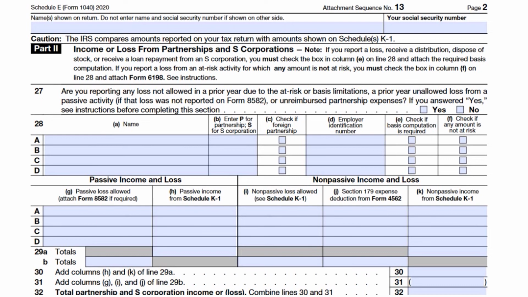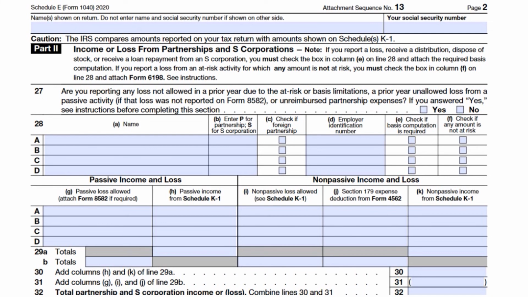And if you answer yes, you need to see the instructions on the Supplemental Income and Loss form, Schedule E, before you go further. So for line 28, A through D, you have to put the property, enter P for partnership and S for S corporation, and check if the partnership is foreign.